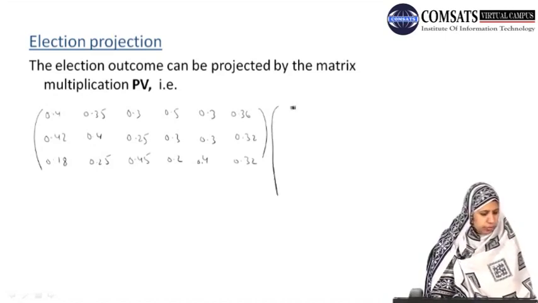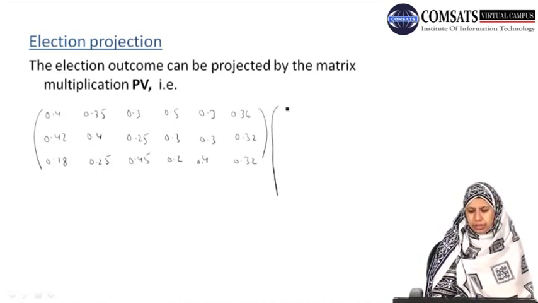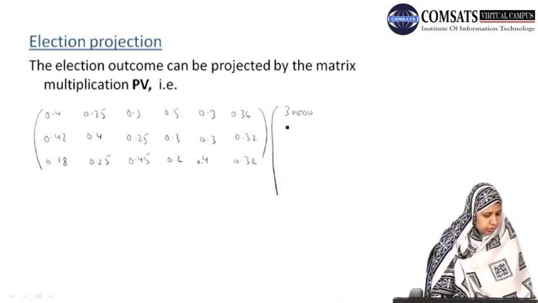And our matrix V was the number of expected citizens from each district. Okay.